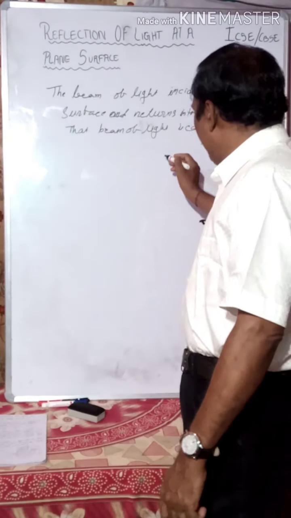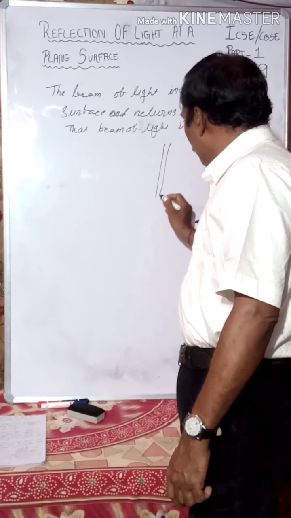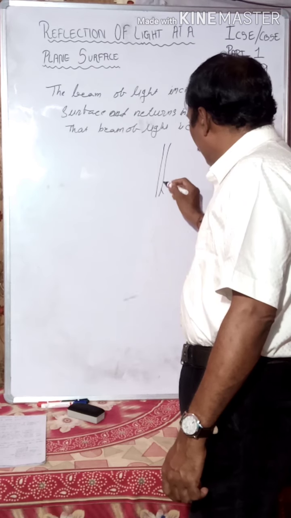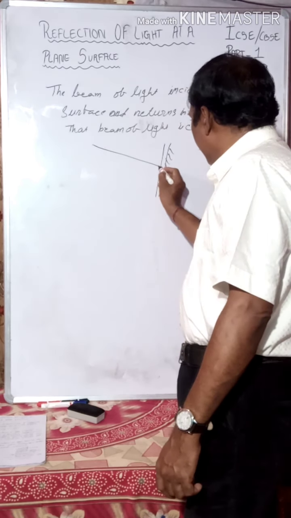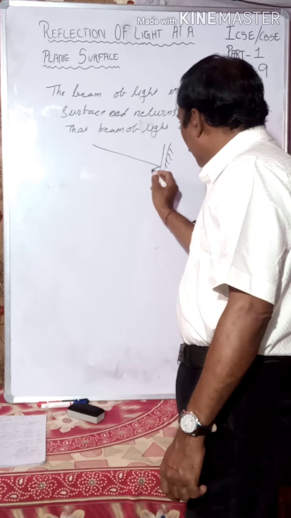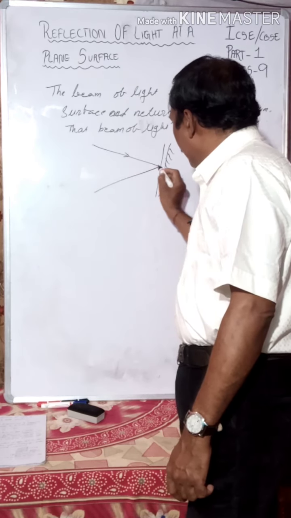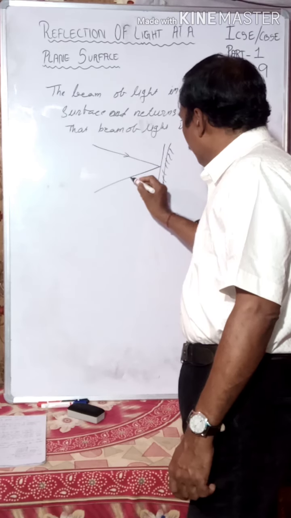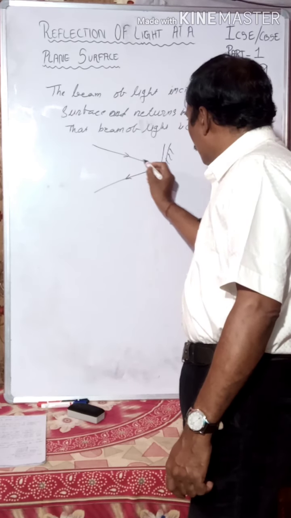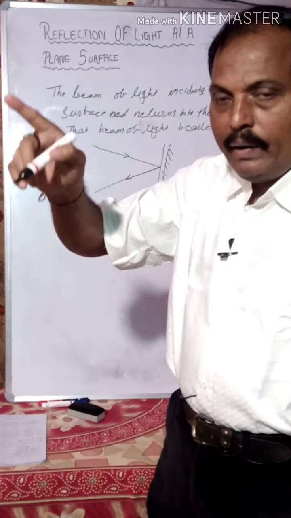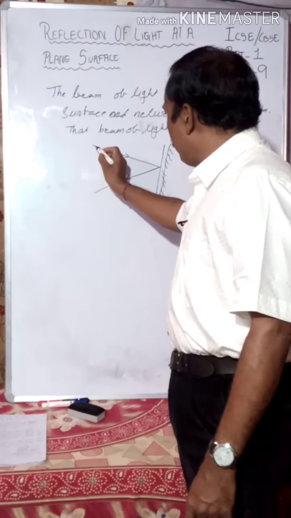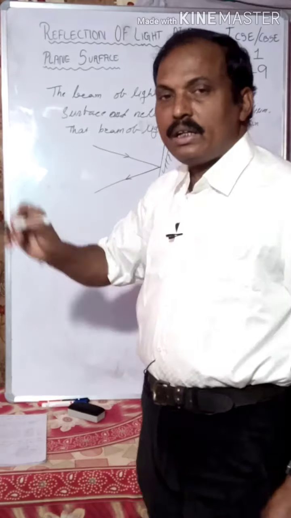Suppose here is a mirror. Here is a light and it reflects in this way. Here is the incident ray, here is the reflected ray. So light is incident here and reflected into the same medium.